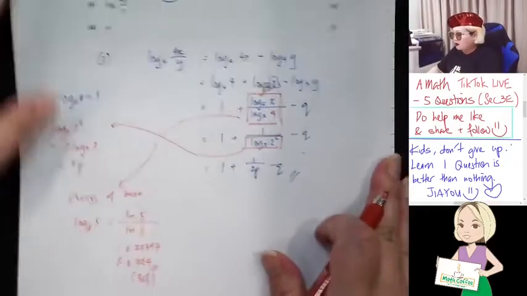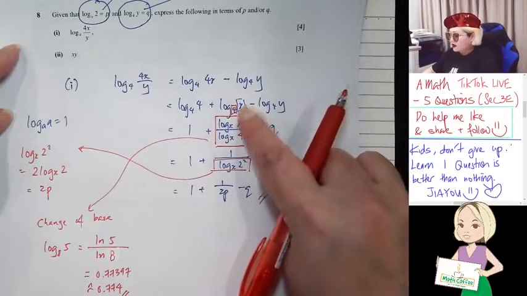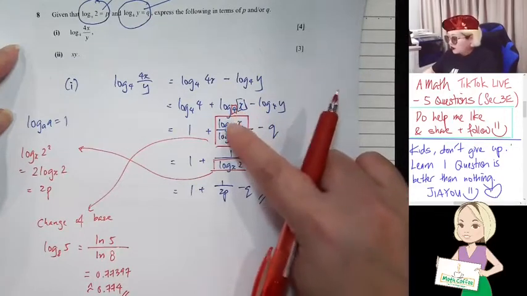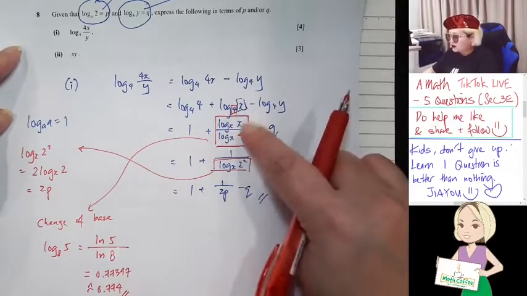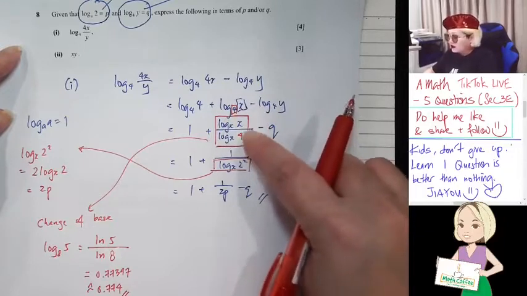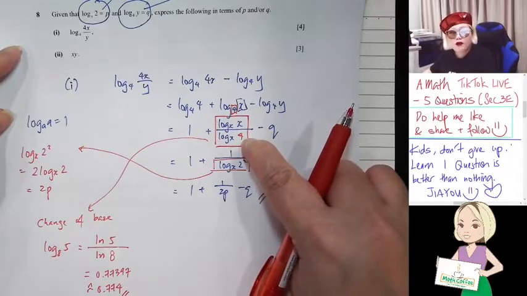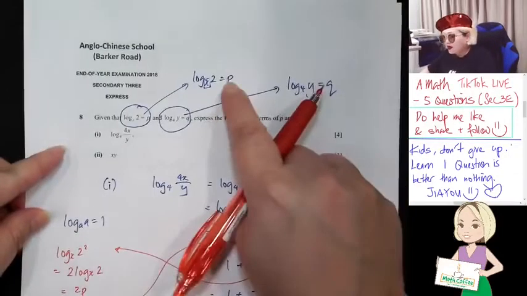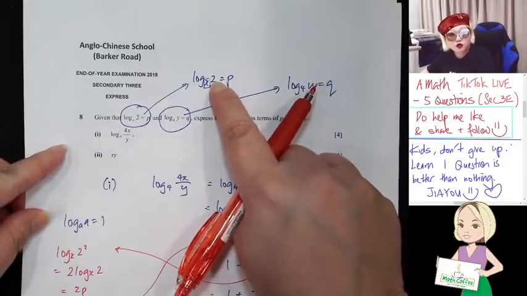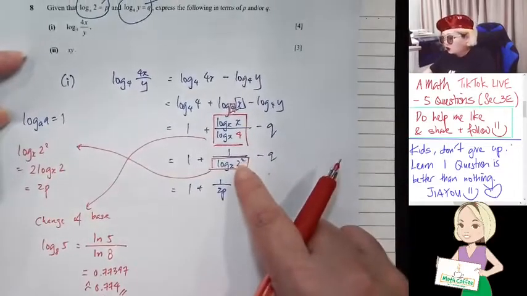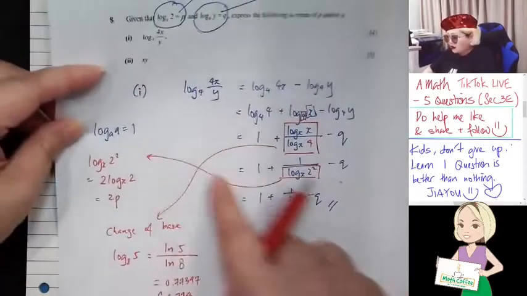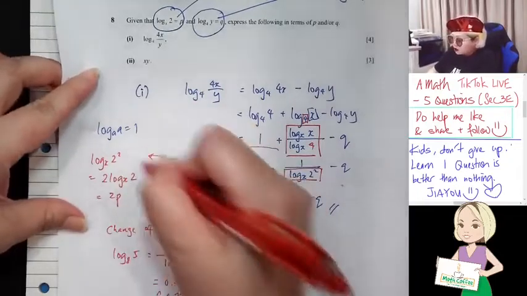Okay, so over here I repeat, the log 4x, I want to change to base x. That's why I put log x, then the numerator is x, the denominator is 4. Then this log x 4, I want to break the 4 into 2 to the power of 2. Why break into 2 is because my p is in terms of 2 over here. So I put 2 to the power of 2. And then over here, I make use of the power law.